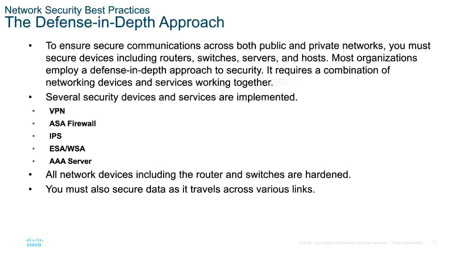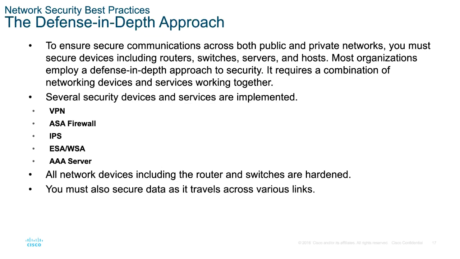A prevention system will alarm and take an action. So use the newer technology, it will help us better. Then we have ESAs and WSAs, so this is protecting our communications through the web servers and things like that. And AAA service, so this is an authentication server that provides authentication, authorization, and auditing of devices within the network.